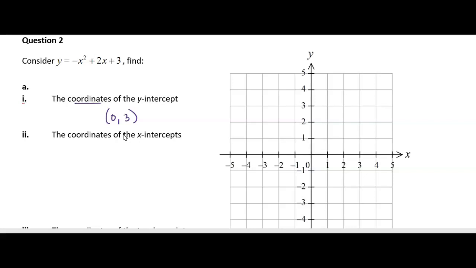Now, the coordinates of the x-intercepts. So we're going to have to factorize this to get the coordinates of the x-intercepts. So let's start with y equals. I'm going to take that negative out as a common factor, just so we're dealing with a positive coefficient of x squared.